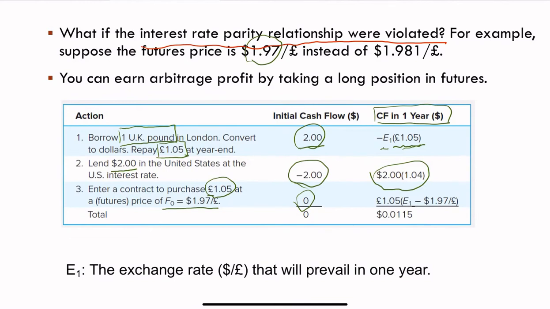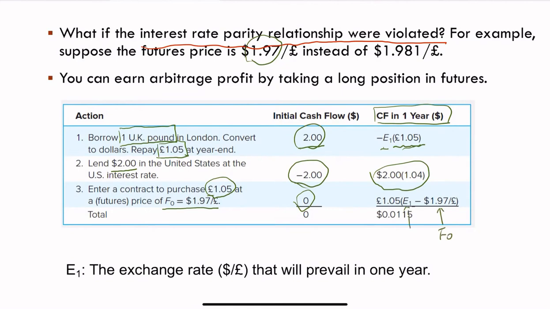And now the last one. What is E1? E1 is just the futures price, or the exchange rate, at the end of the year. If you have a long position in this futures contract, for one contract, your profit would be given by E1 minus the initial futures price, because this 1.97 is essentially F0.